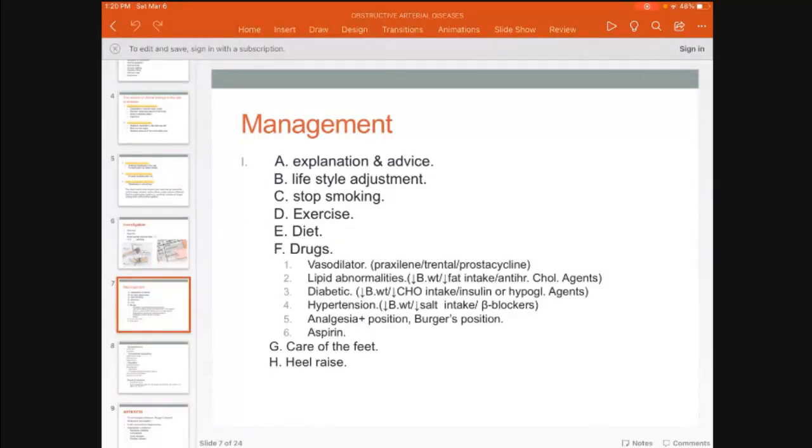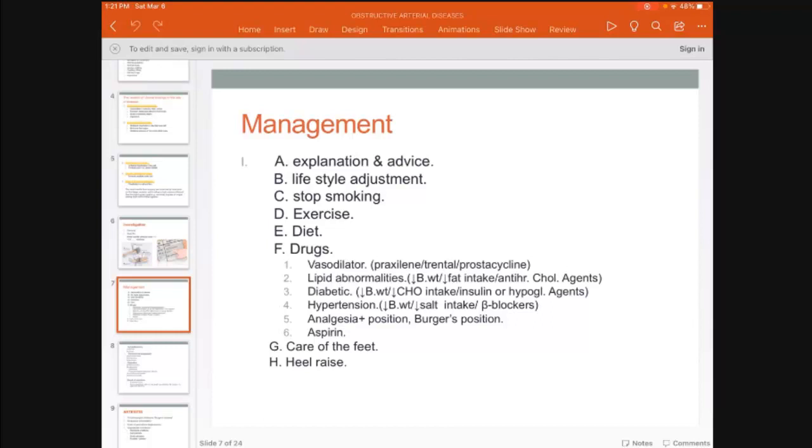Analgesia is very important to relieve the pain and to encourage movement. And the position should be the Buerger position. What do we mean by Buerger position?